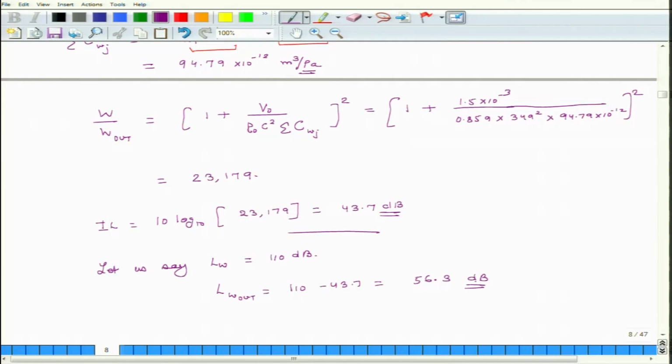So, this is LW out, and if you have to compute LP at a distance far away, you will use this LW out to compute LP.